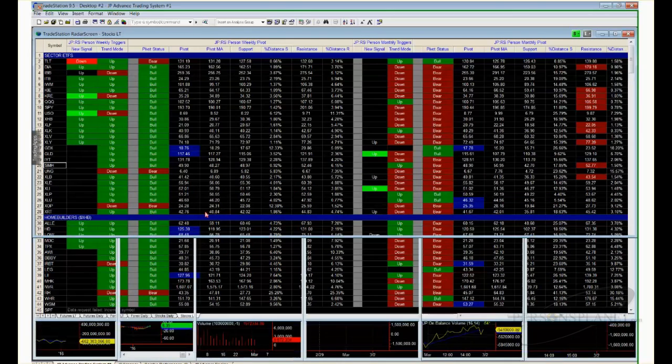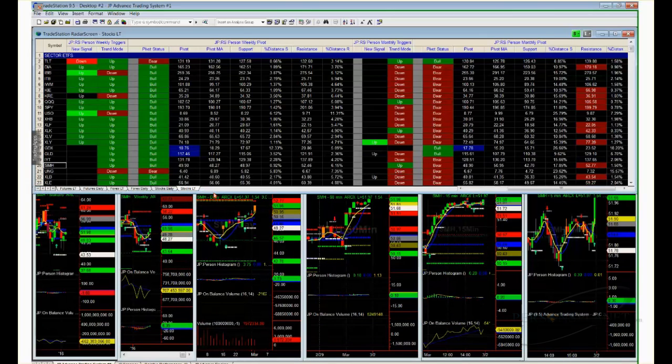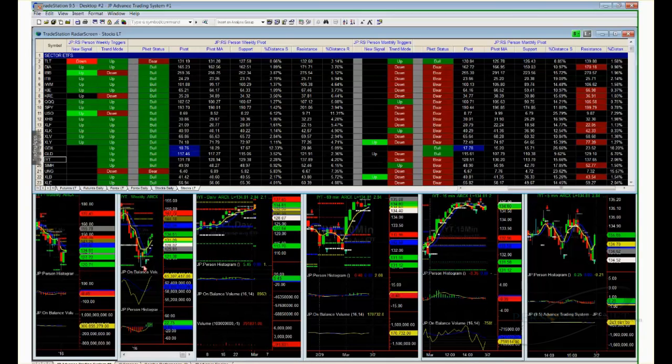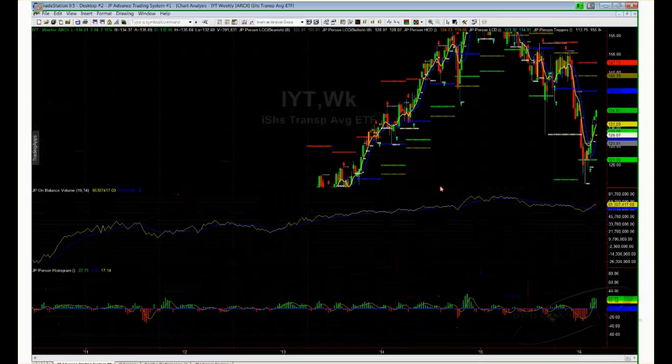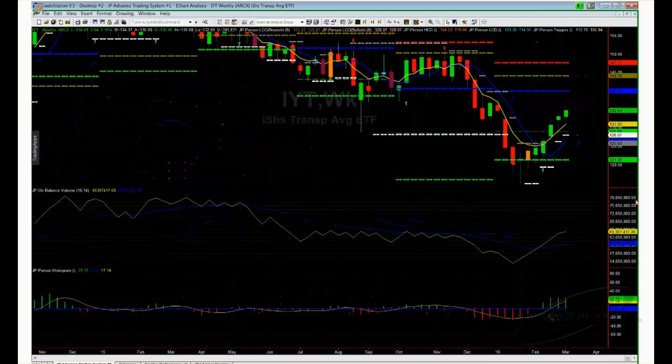This is in one scroll button. I can find out how many stocks are in a weekly buy mode that are going to possibly be in a monthly buy mode, and how many are in a daily buy mode. I can do it by sector, and this is the IYT.